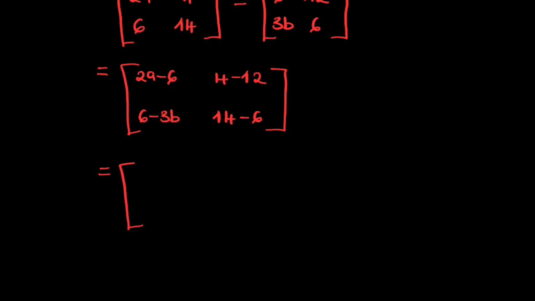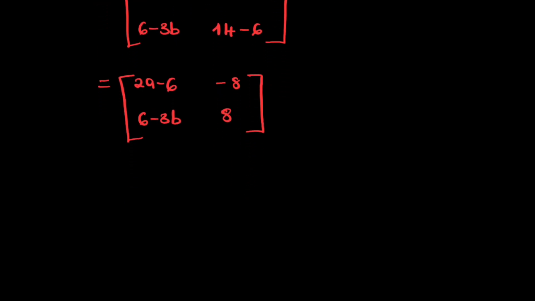So here 2a minus 6, we leave it like that because there's nothing we can do about that. 4 minus 12 is minus 8. 6 minus 3b, we leave it like that. And 14 minus 6 is 8. So this is 2a minus 3b.